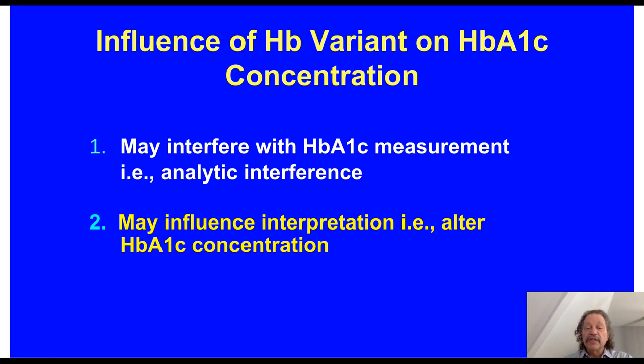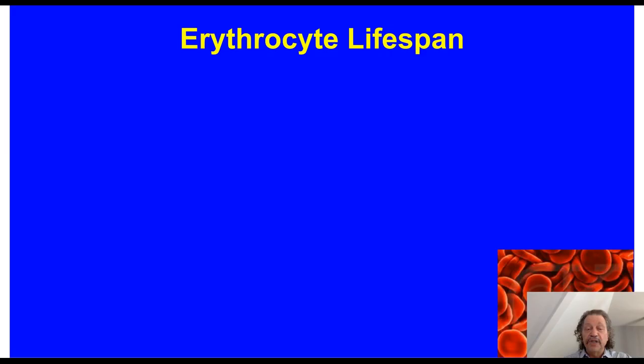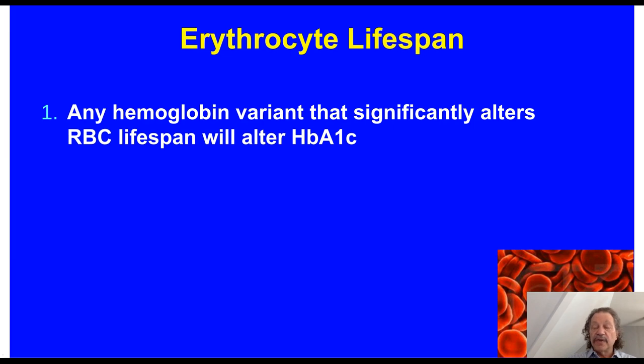Now, let's talk about if the variant interferes with interpretation. You've heard a very detailed and very elegant discussion of erythrocyte lifespan. I just want to highlight a couple of points.